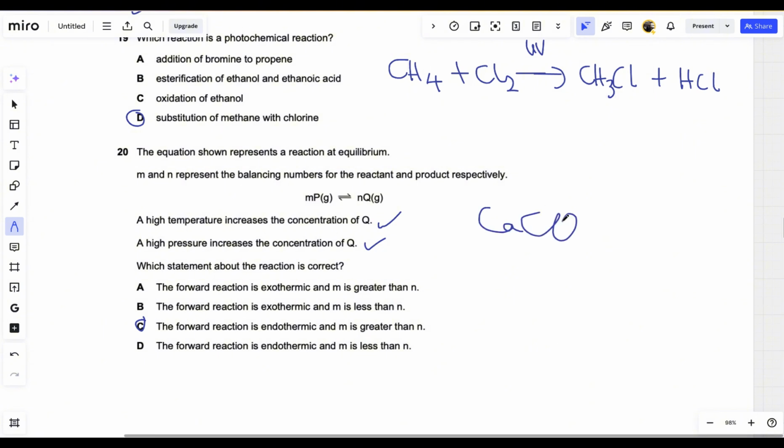When you're breaking calcium carbonate, you produce calcium oxide, which is lime, plus carbon dioxide. This is the type of reaction they are mentioning. So at equilibrium, the forward reaction is endothermic, and the coefficient of this one must be greater than the coefficient of this one. So C is the most correct answer.